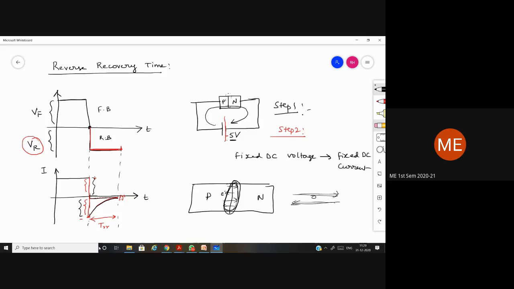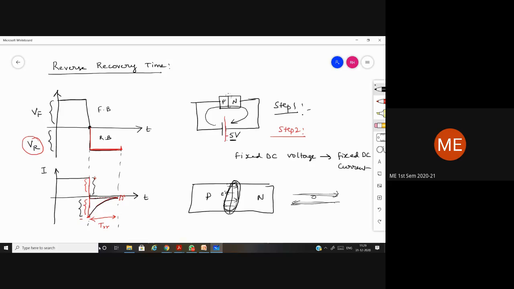Because what is the definition of current? Basic definition of current? It's a flow of charge. Flow of charges is known as current, right? So because of these charges held up in the junction, because of their movement, we had this much current.